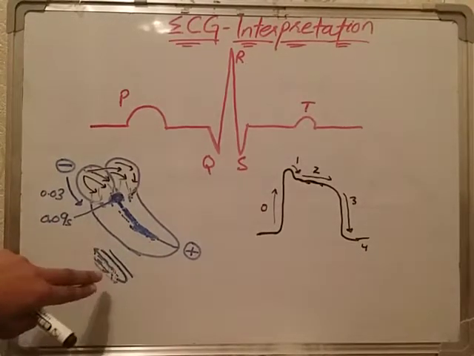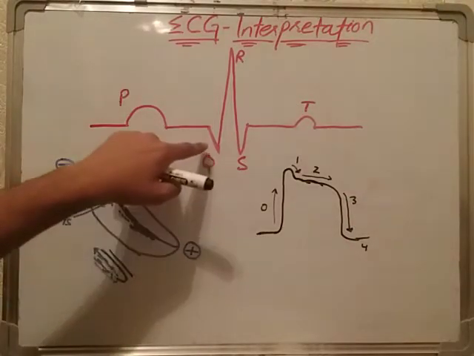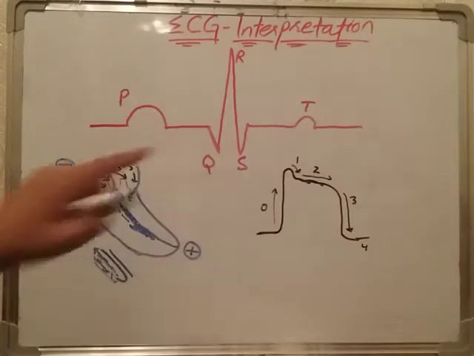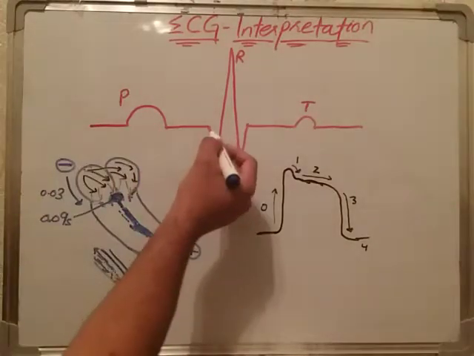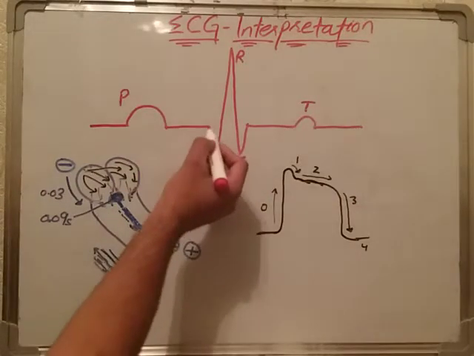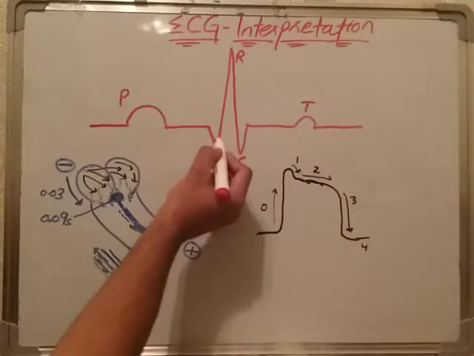Depolarization means positive toward negative, so we consider it as negative, toward the downward direction. So we can make a smaller wave on the ECG graph toward the downward direction, a little bit small. Why is this so small?